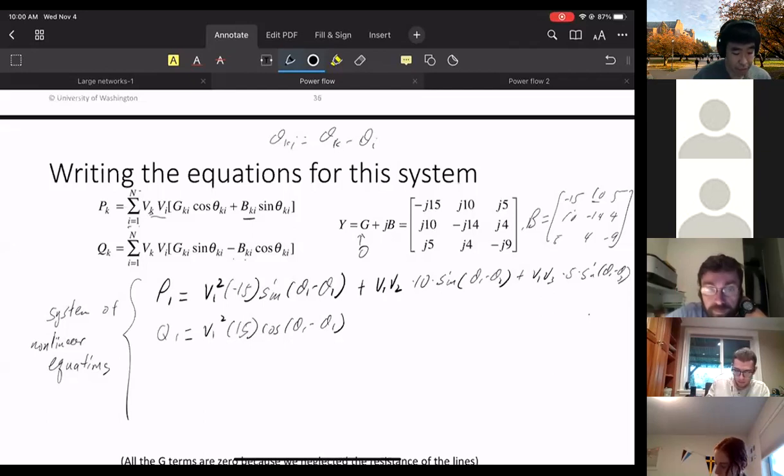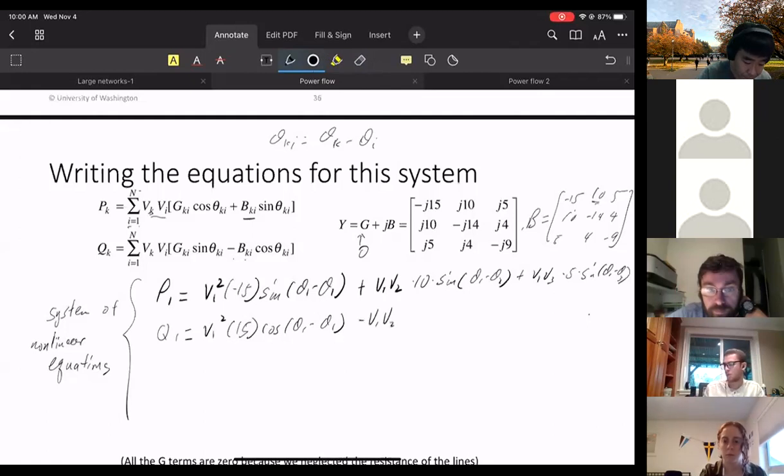We have this kind of equation plus, here, this case is minus, right? So you read off this 10 term, V1, V2 times 10 times cosine of theta 1 minus theta 2. And then this is minus V1, V3 times 5 times cosine theta 1 minus theta 3.